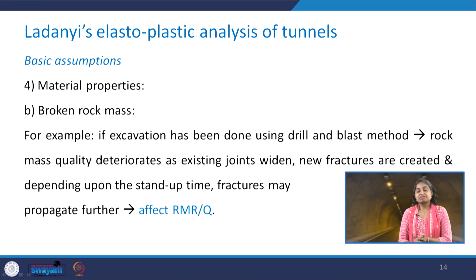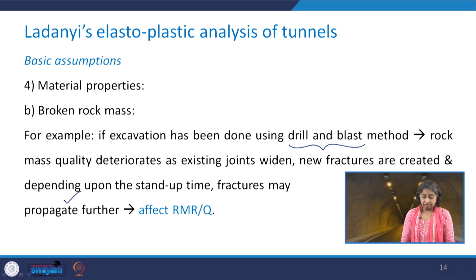Coming to some more discussion about this broken rock mass. If the excavation has been done using the drill and blast method, the rock mass quality will deteriorate because the existing joints will be widened and new fractures may be created, and depending upon the stand up time the fractures may also propagate further.